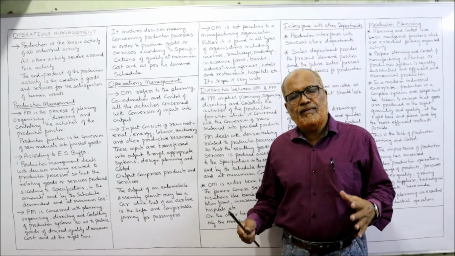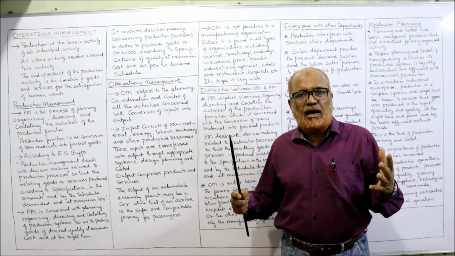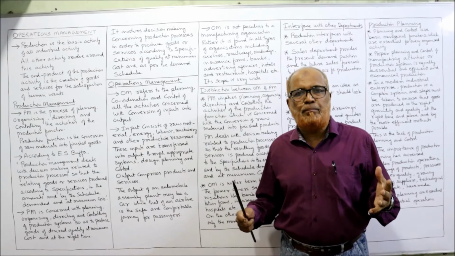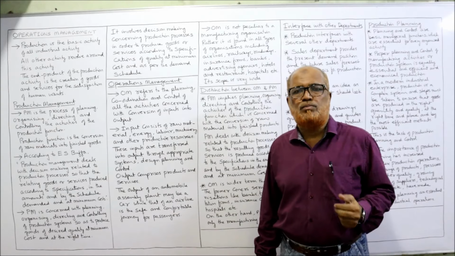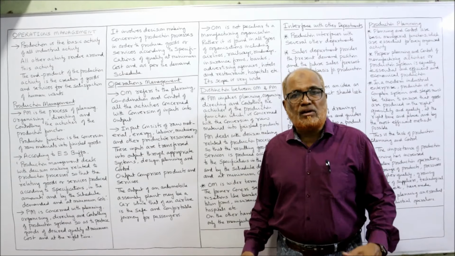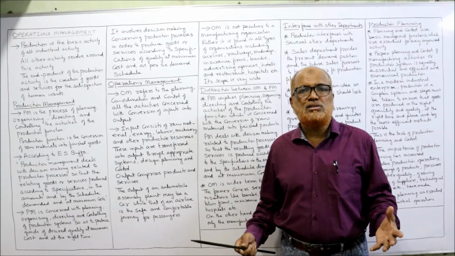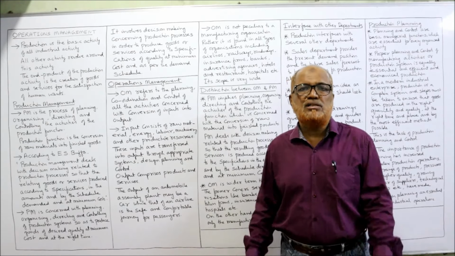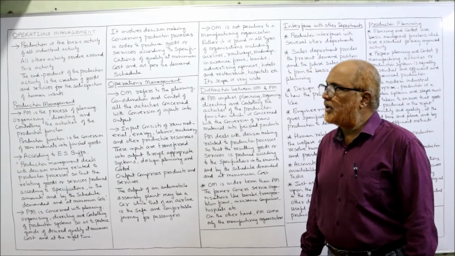Earlier, that means before globalization and technological developments, most of the people were satisfied with goods. But nowadays, the service sector has increased. The services also satisfy the consumers. So many organizations are in the tertiary sector, the service sector. So this is all about operations management.